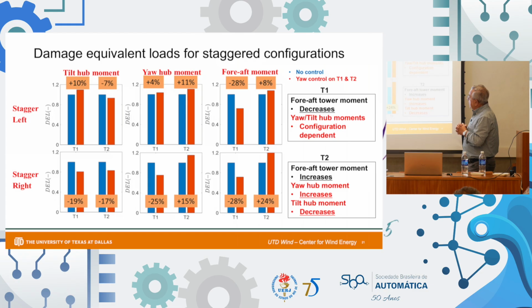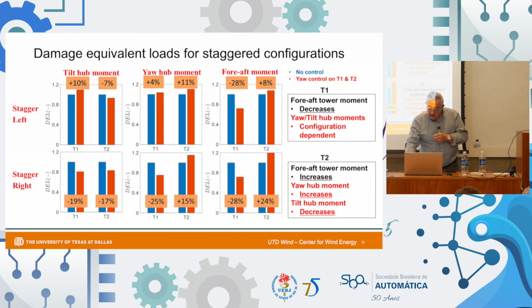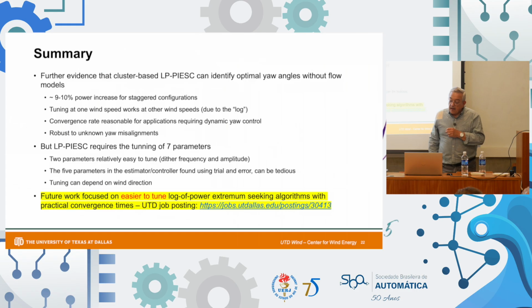And then for the hub, which is the nacelle, where the rotor is, there is some consistency in some cases, but in other cases it is inconclusive. So in summary, by going to larger turbines, we continue to see evidence that this method works. And those are the first set of bullets.